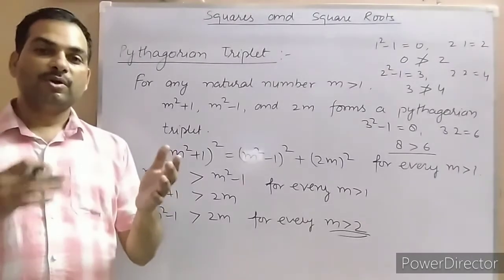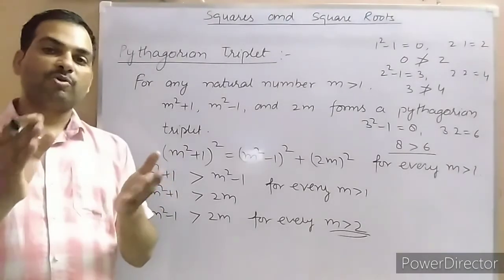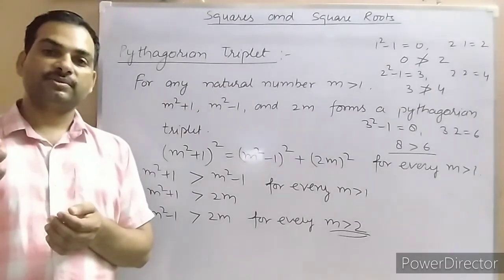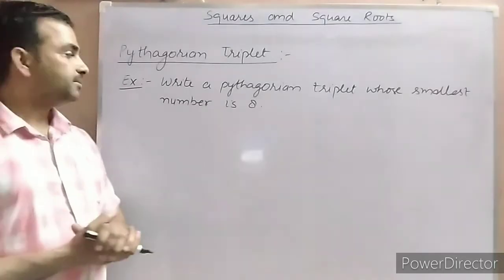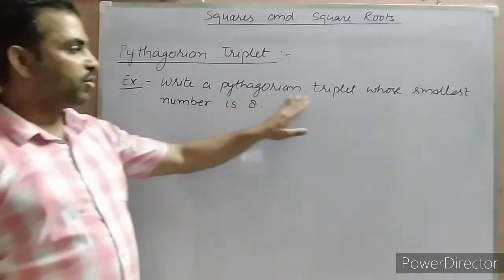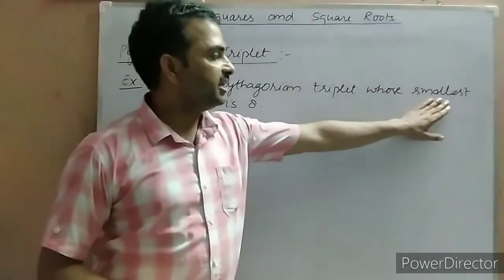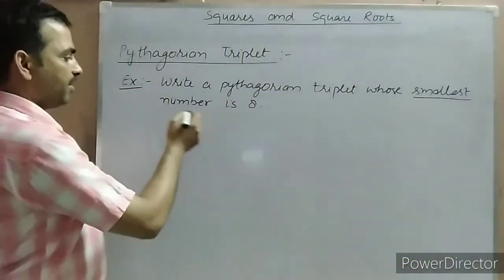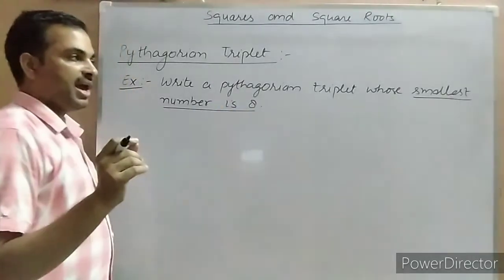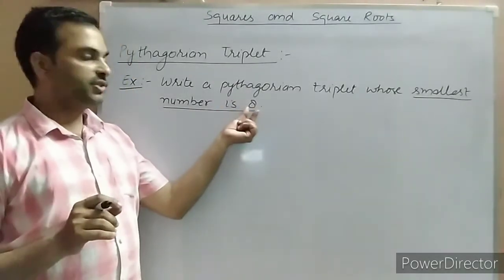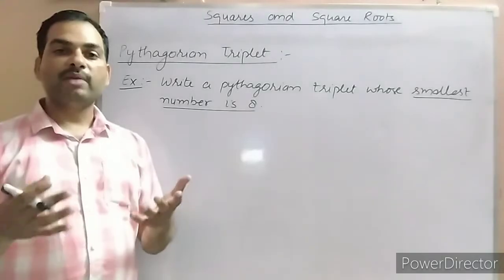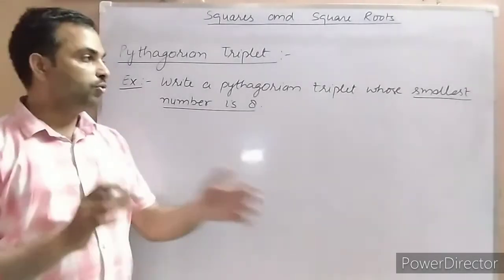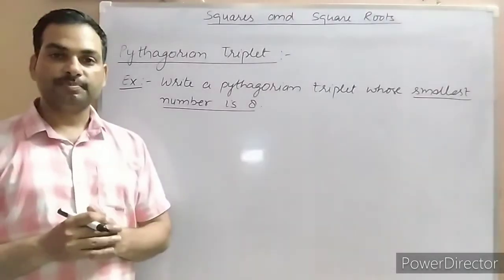If I have one number of a Pythagorean triplet, then how can we find the other two numbers? Now the question is: write a Pythagorean triplet whose smallest number is 8. We have one number, which is 8, and how can we find the other two numbers of the Pythagorean triplet whose smallest number is 8?